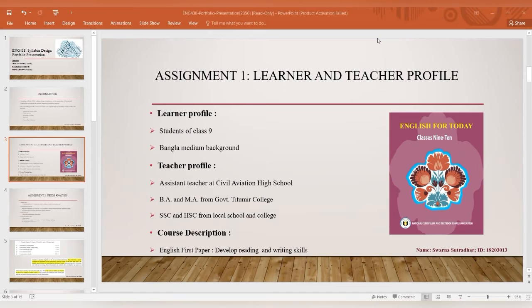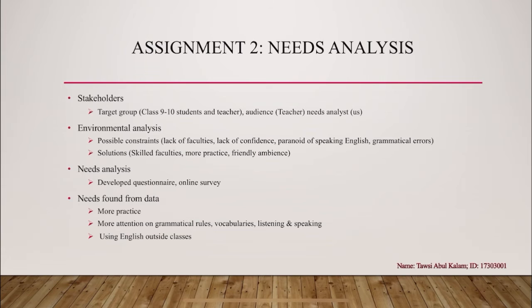To describe the course, he teaches English first paper to the class 9 students, and it helps to develop students' reading and writing skills. In this part of needs analysis, we talked about the targeted group. The course we targeted for needs analysis is the English for Today book for class 9 to 10 students according to the NCTB curriculum.